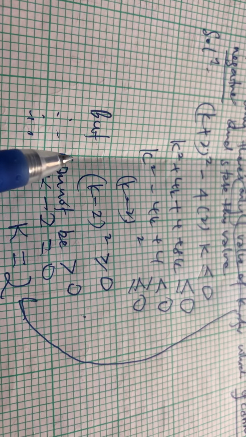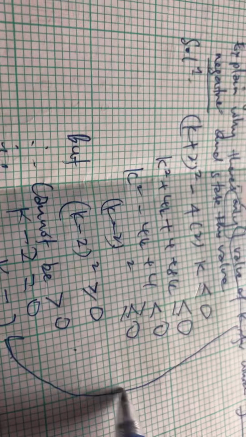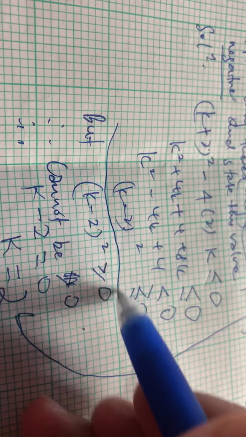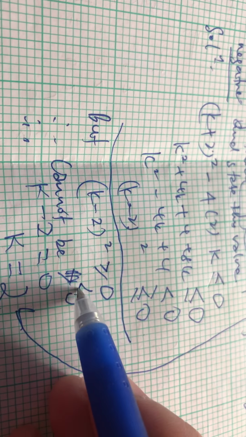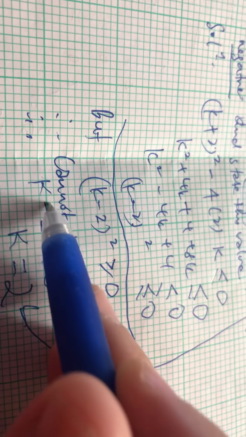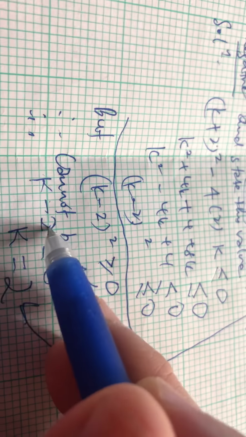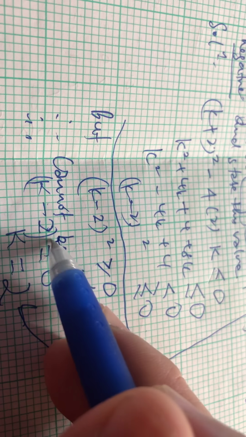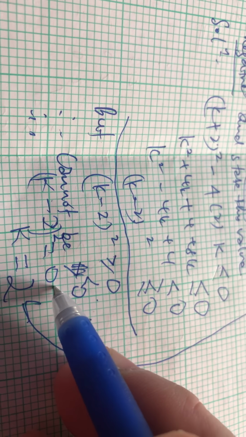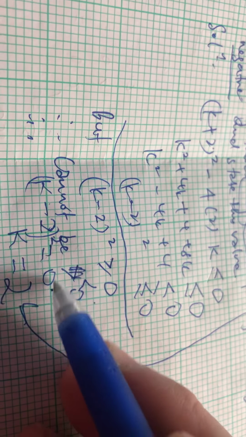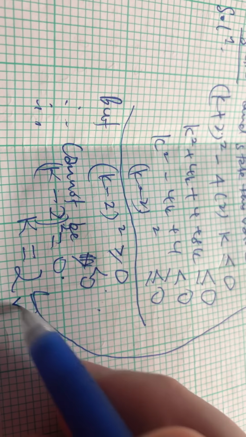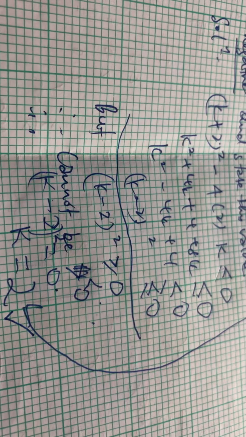Okay, and it cannot be, oops, I wrote wrongly, because we worked it out to be less than 0, right? It cannot be less than 0. Therefore, k minus 2 can only be equal to 0. Then of course you remove this square sign, then you will end up with k equals 2. I hope this explains it. Thank you.